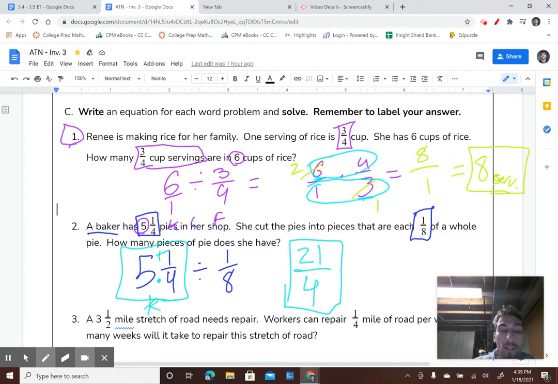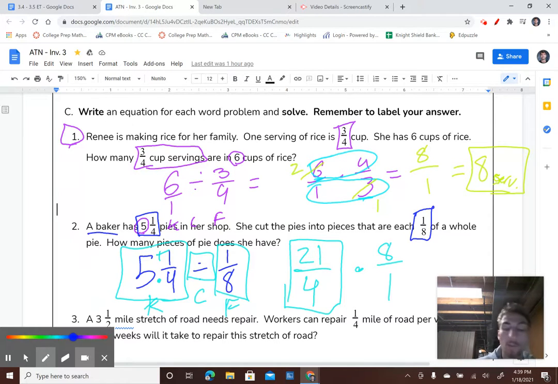And then we keep that, change the division sign to a multiplication sign, and then finally we're going to flip our fraction here. So 1/8 is going to turn into 8 over 1. And again, just like we saw up above, can we simplify before we multiply?